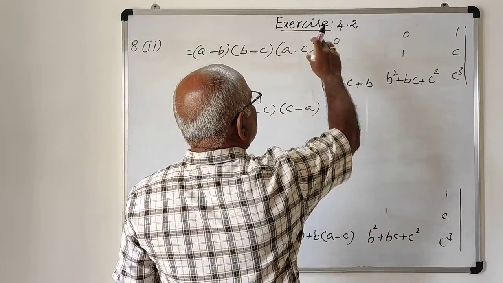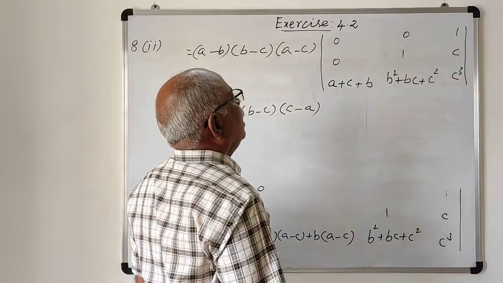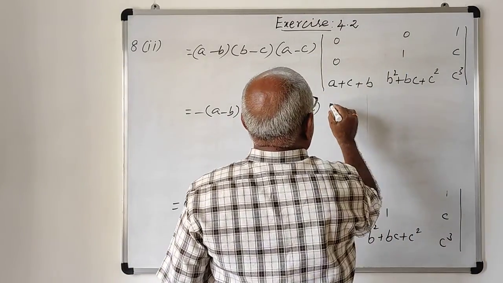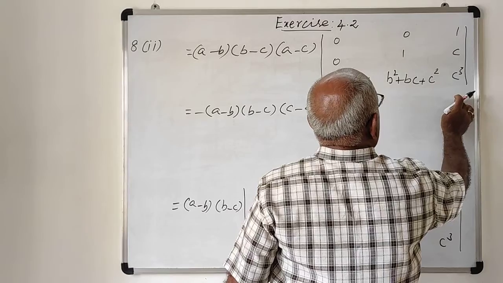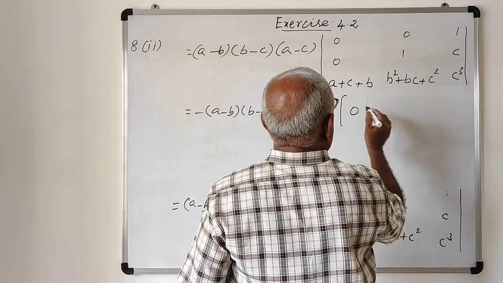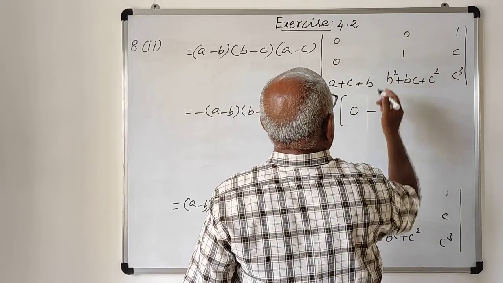And you expand this determinant using first column. 1 into, you eliminate third column and first row. It is 0 into b square plus bc plus c square is 0, minus 1 into a plus b plus c.